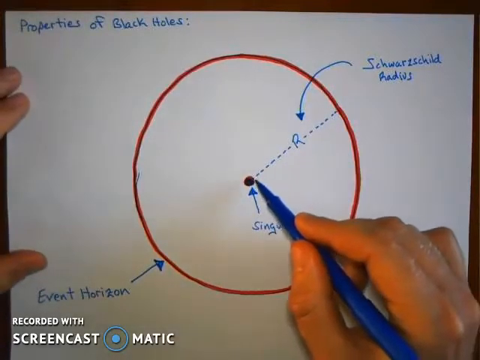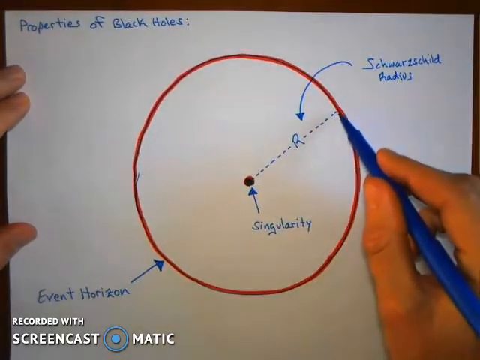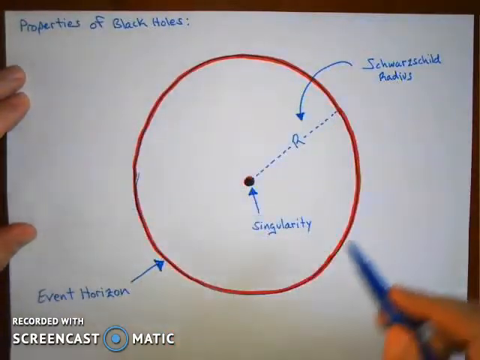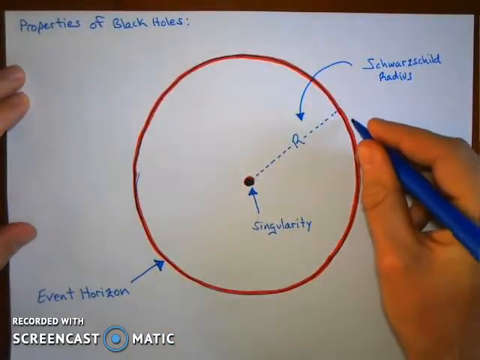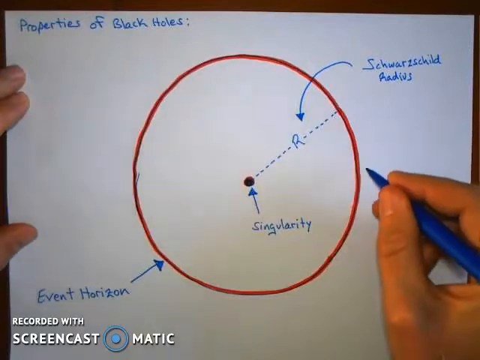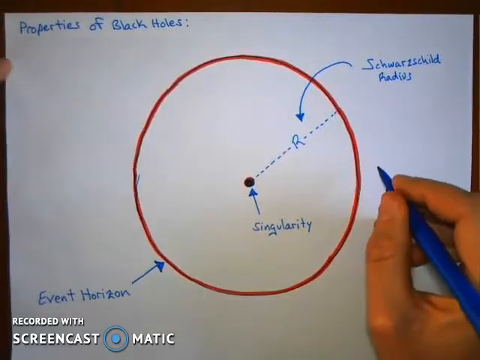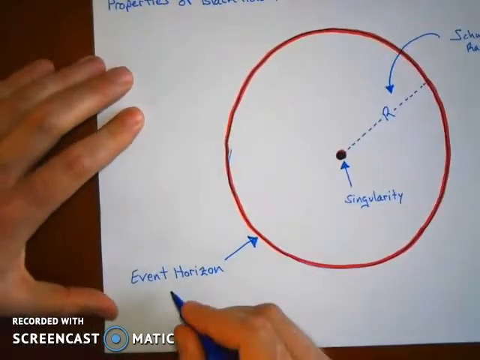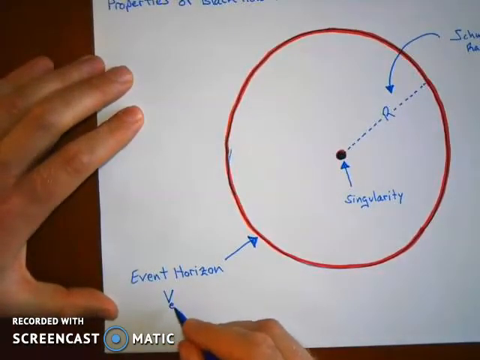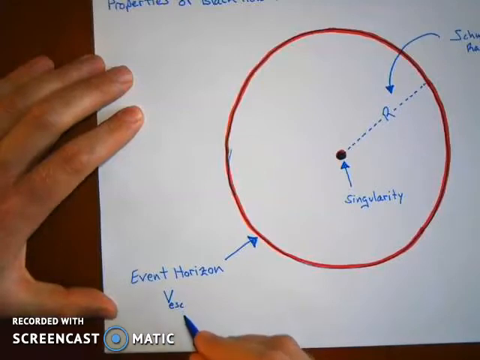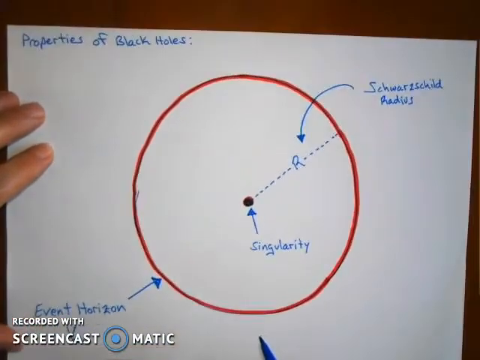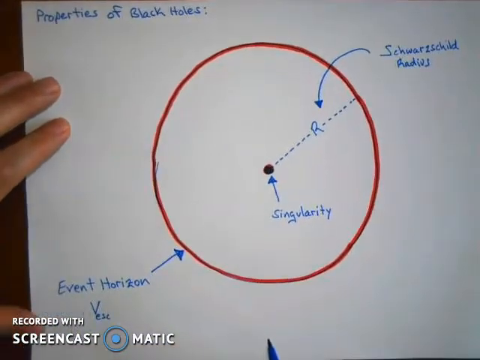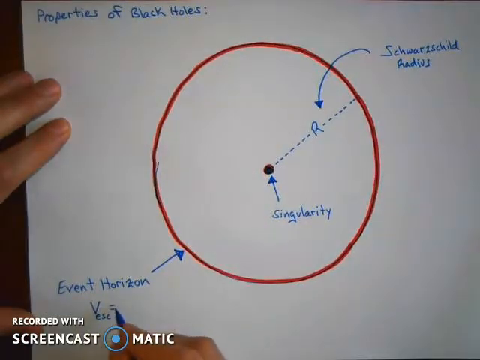And it's the distance from the singularity to some spherical boundary, some edge of the black hole, where the escape velocity at that edge would be the speed of light. So if you're on that edge, that boundary, we say that's where the escape velocity, which I'll abbreviate VESC, is equal to c, the speed of light.